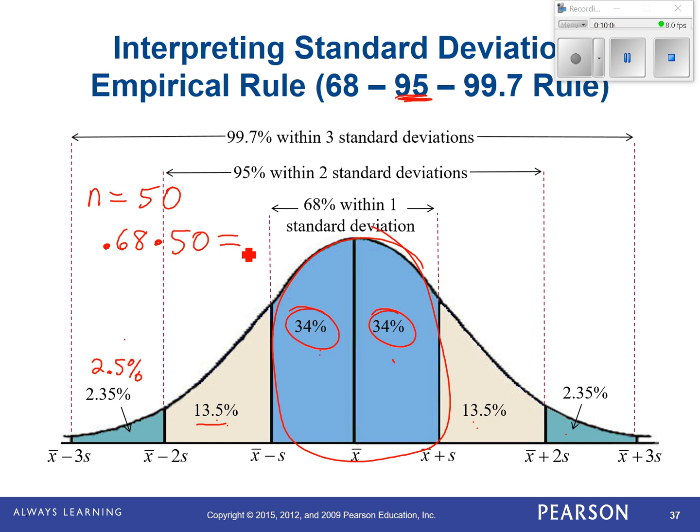That's going to tell us how many of these 50 pieces of data fall in here somewhere. And we could do the same thing to figure out how many fall in this little part or this little part. You just take the percentage times the total number in the sample or in the population.